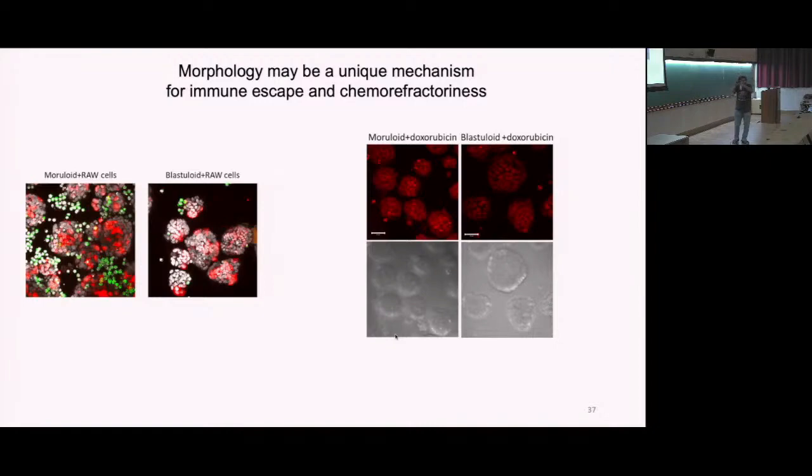And it could be that the way they have been shaped into these hollow structures is leading to expression of proteins that allow efflux of chemotherapeutic drugs from within these hollow spheroids. So the hollow spheroids exist for a reason. The heterogeneity exists for a reason, and they can actually give rise to certain protective survival responses for the cancer cells.